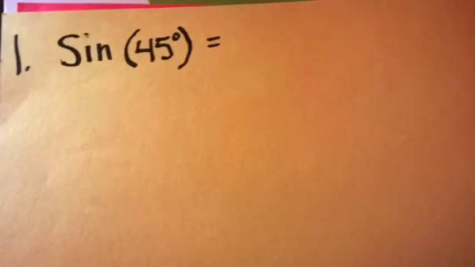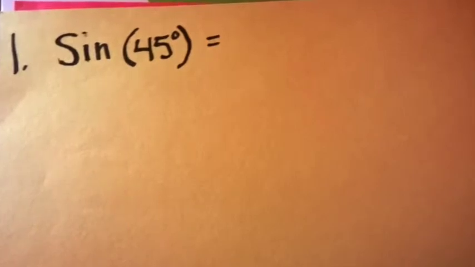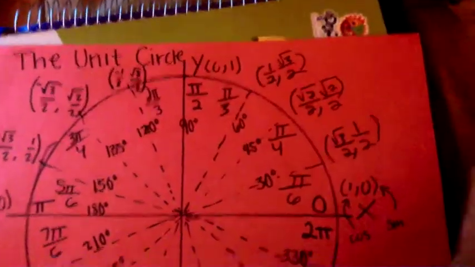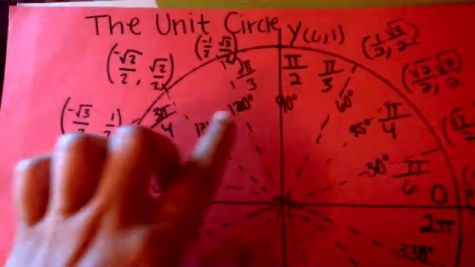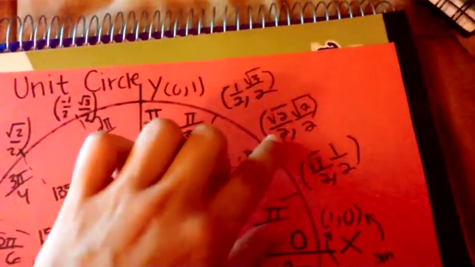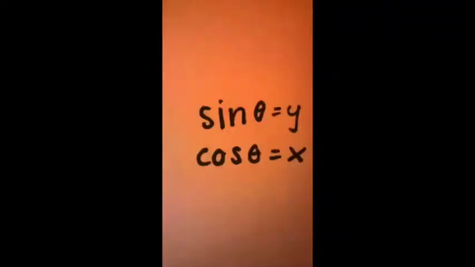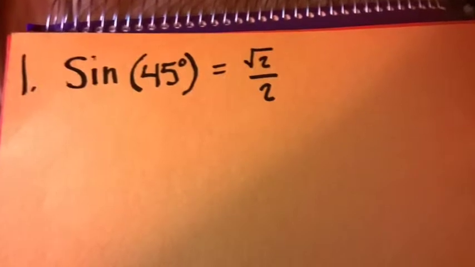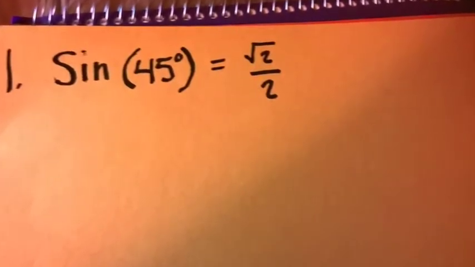So if you look at sine 45 on the unit circle, you see that the coordinate is root 2 over 2 and root 2 over 2. But you have to remember that sine on the unit circle means y, so for the answer you put the y coordinate, and that would be root 2 over 2.